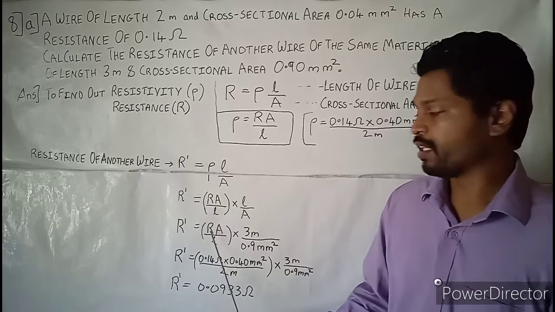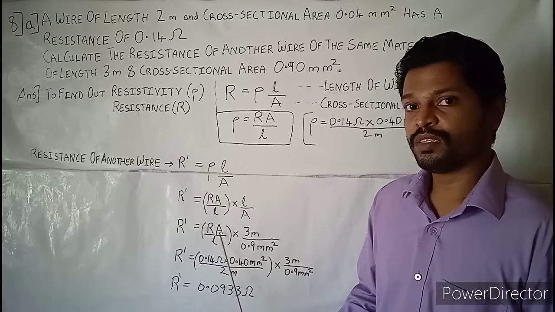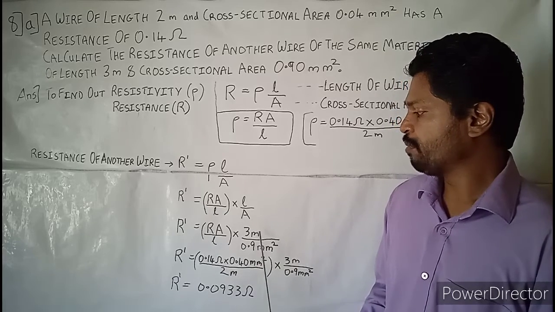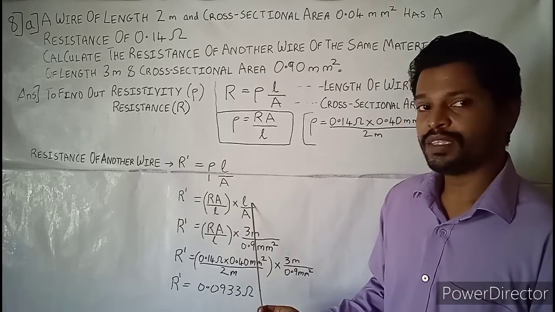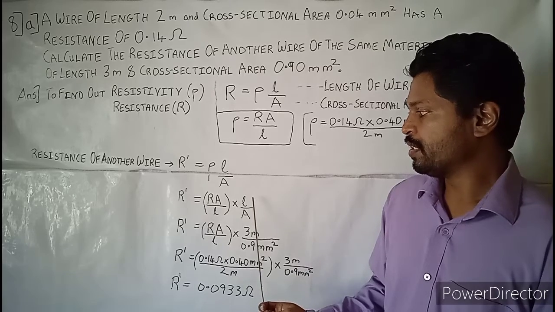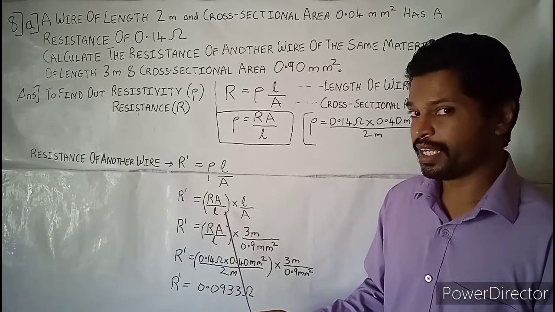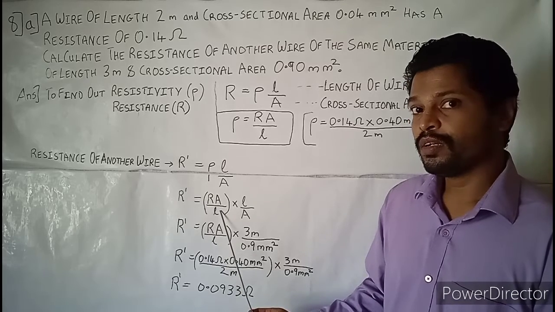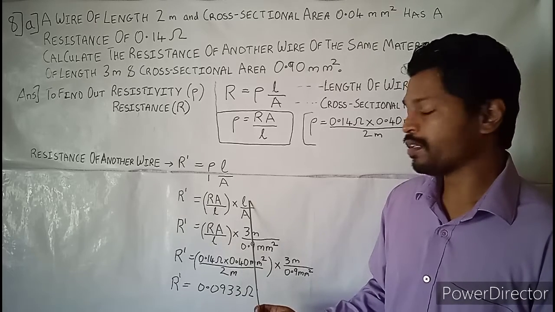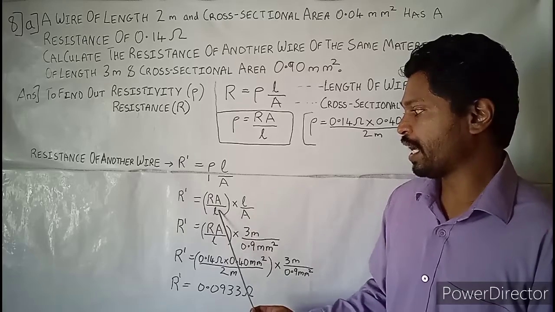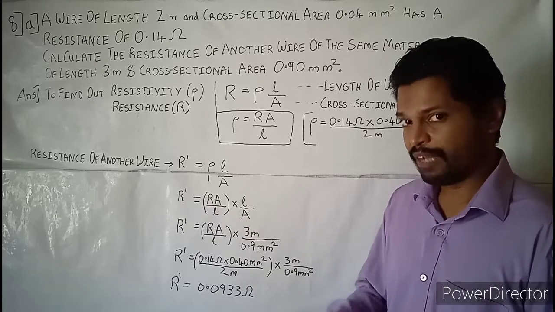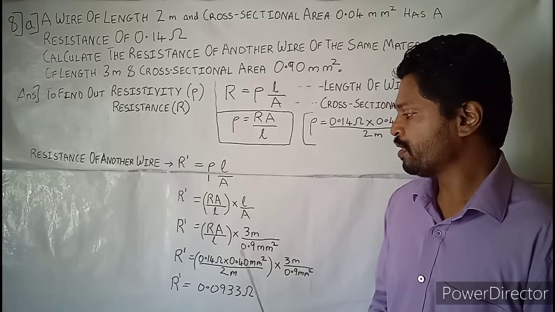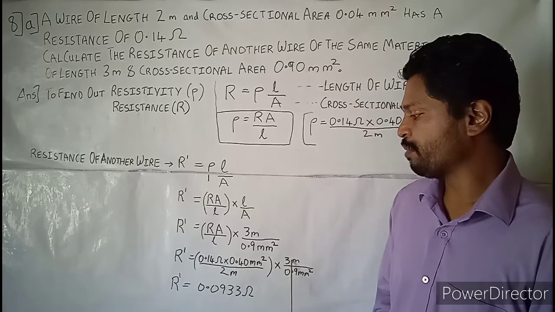Two wires are there, so we will be putting the first wire's dimensions over here. Second wire's dimension, you are already aware, is L. Here this L and this L won't get cancelled, that is why I have not cancelled this. This is of the first wire, this is of the second wire. Why? I have just now told you. This L is 2 meters, this L is 3 meters.